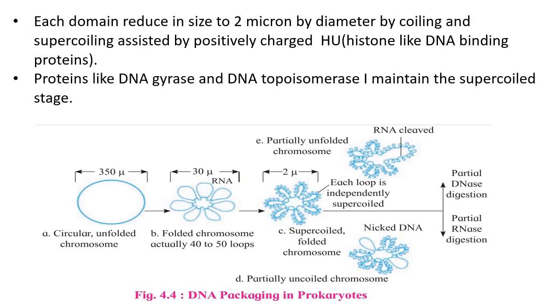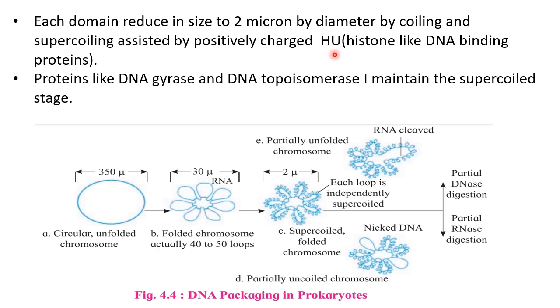Each domain, also called a loop, gets reduced in size to 2 micron in diameter by coiling and supercoiling of the chromosome, and it is assisted or associated by the positively charged histone-like protein, that is HU.